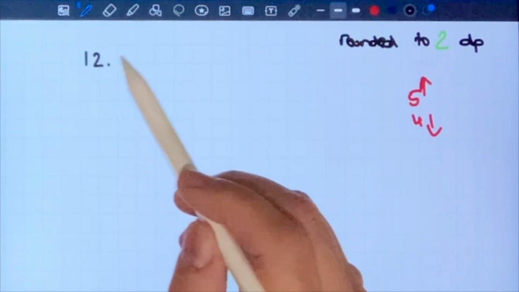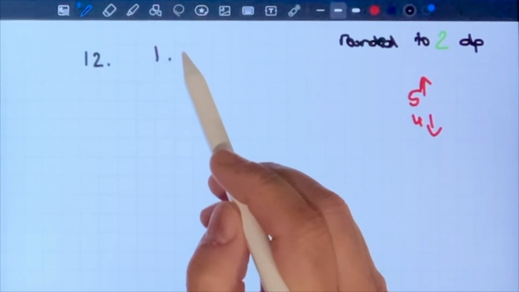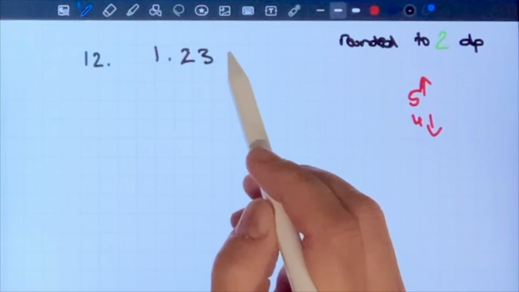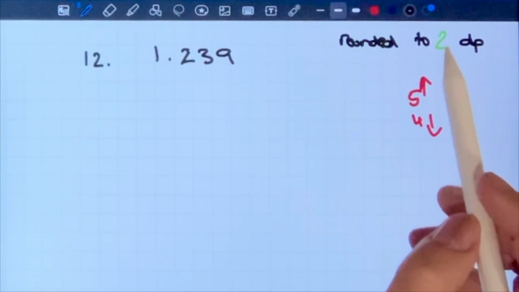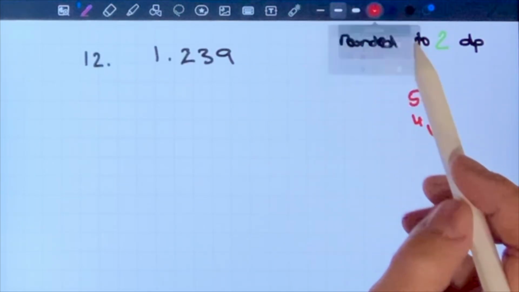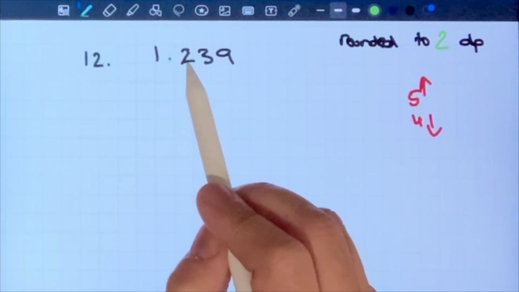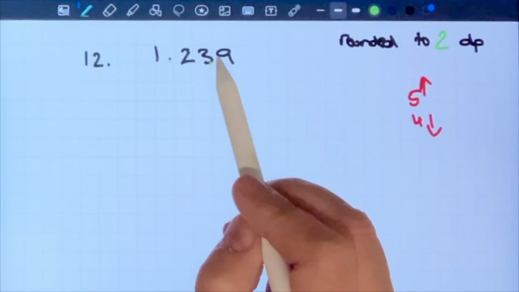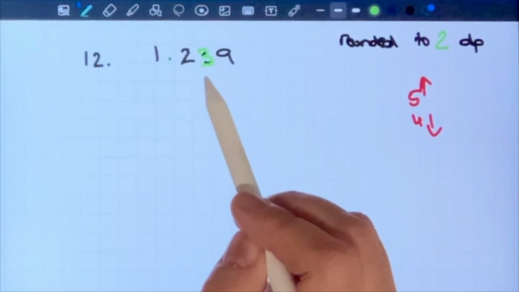Example number 12. 1.239. So there's my decimal. 1 decimal place, 2 decimal places. So this is the number that's going to get rounded up or down.